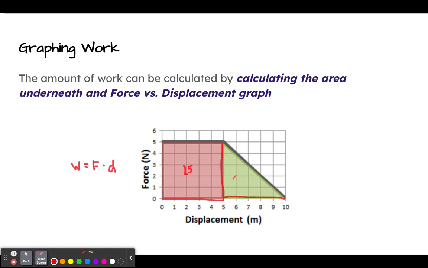This one is 5 times 5 again, which would be 25, but then multiplied by a half, so that would be 12.5. So 25 plus 12.5 is going to be 37.5. And since it's energy, the units would be joules.